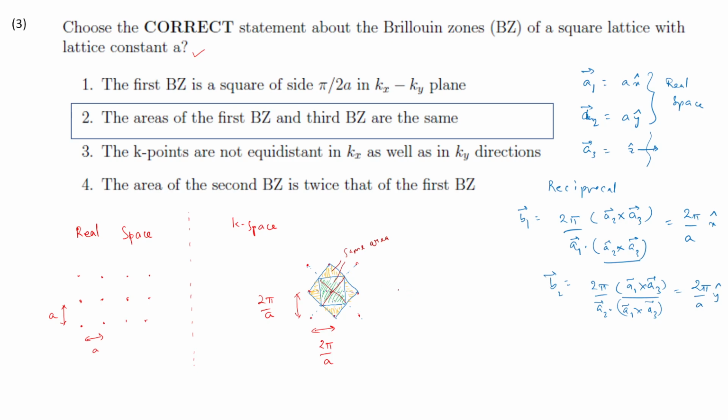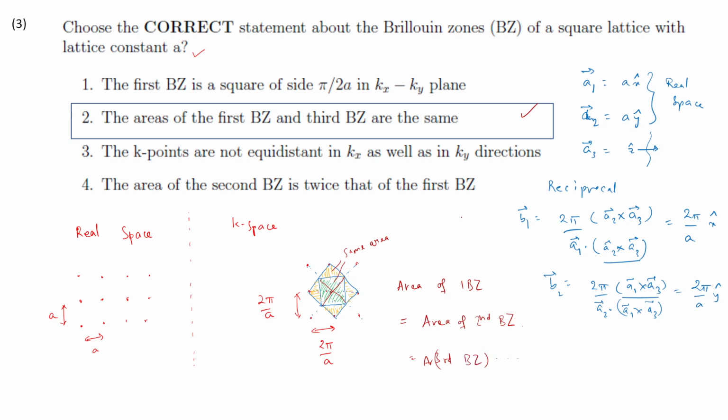So the area of the first Brillouin zone is equal to the area of the second Brillouin zone. Okay, so that is why these two are the same, and this is true for all the Brillouin zones. So this will be equal to the area of the third Brillouin zone and the fourth Brillouin zone. So you can verify by doing a similar construction of Wigner-Seitz cells.